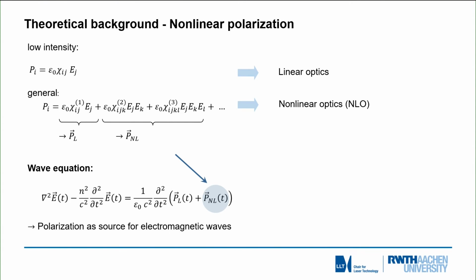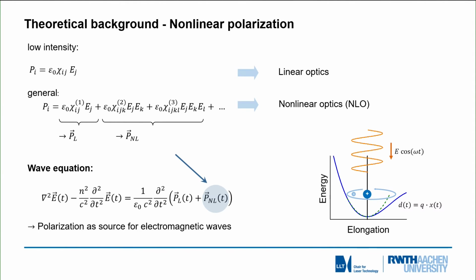The wave equation, using also the nonlinear parts, will then be modified, and correspondingly, if we take a look at the harmonic behavior of the matter, of course it becomes non-harmonic.